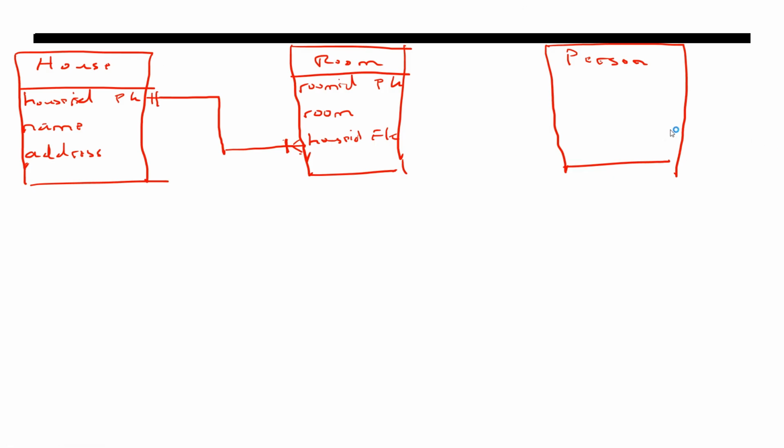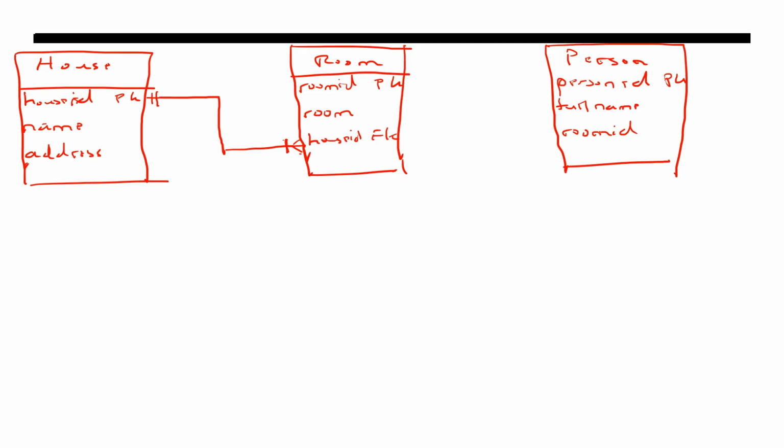You have the person ID, and the person ID would be the primary key. You also have a full name of a person, or it depends if you want to have the first name and the surname, whatever you wish, it's okay. And then you have the room ID of that person.